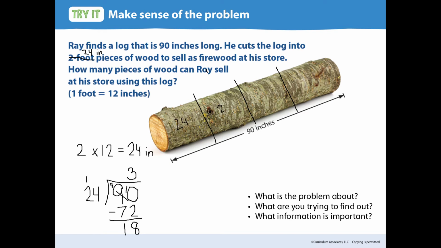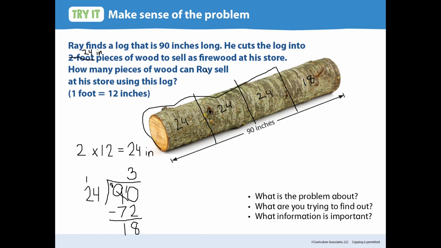This one is 24. And I didn't measure my lines very well, but hopefully you get the idea. This one's 24, but this one is only 18 because we only had 18 left for the last one. And so it says, how many pieces of wood can Ray sell? He sells 2-foot pieces. So he can sell 3 of them.